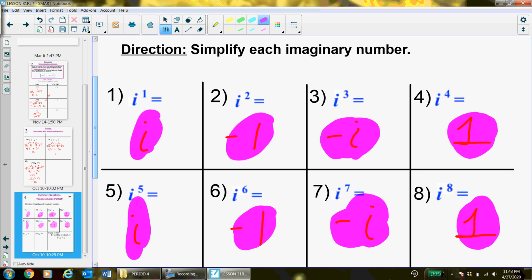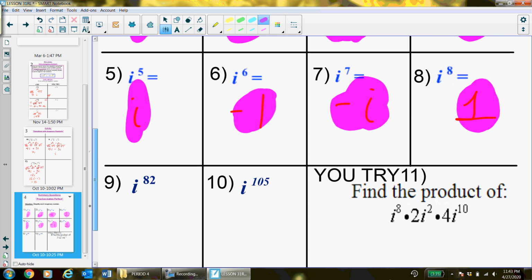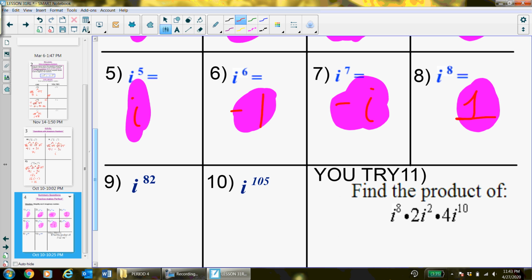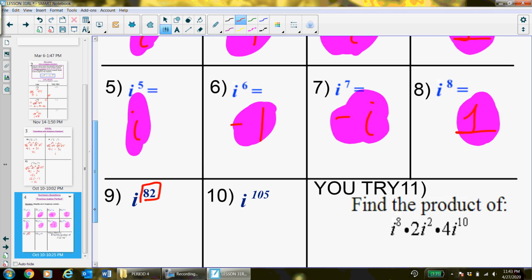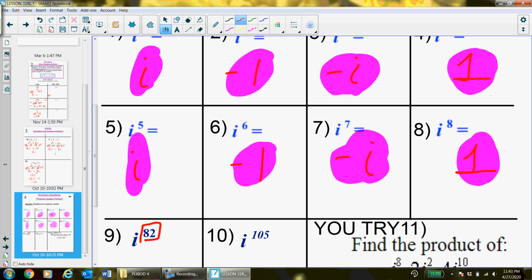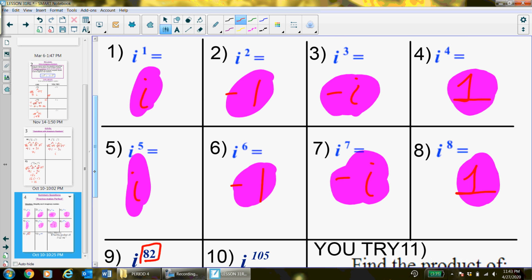So anytime you have something like i to the 82nd power, obviously you don't know what that would be, right? But in this case, you would have to understand that the 82 only has to be broken down by 4s, because anything that's i to the 4th is going to be 1.